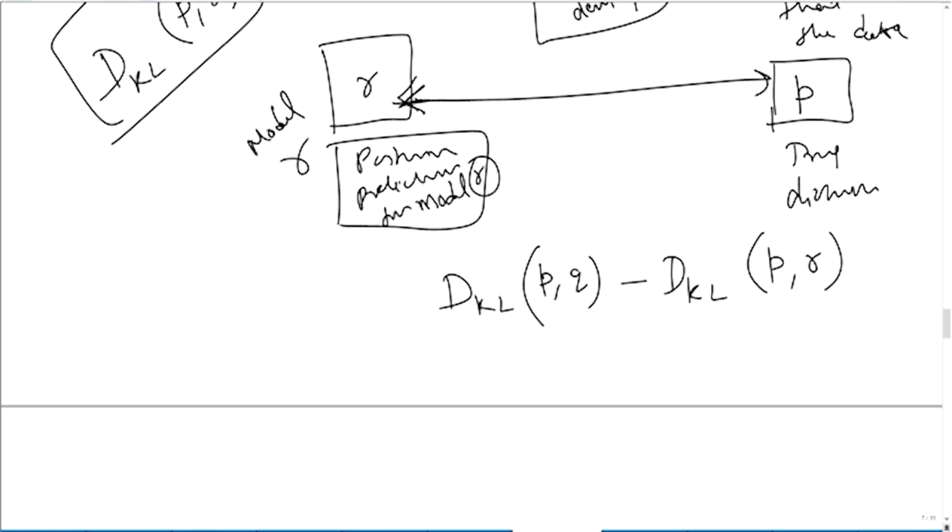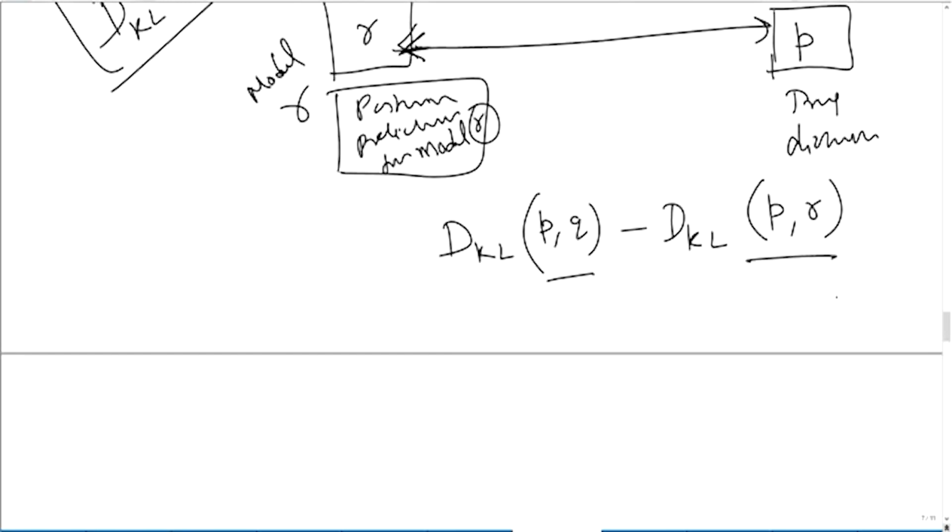Okay, so this is a measure of the relative distance of model Q from the true distribution relative to another model R.